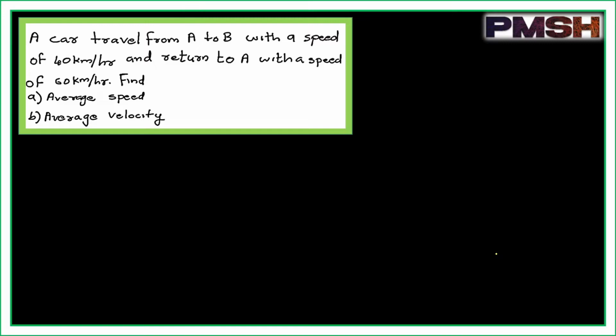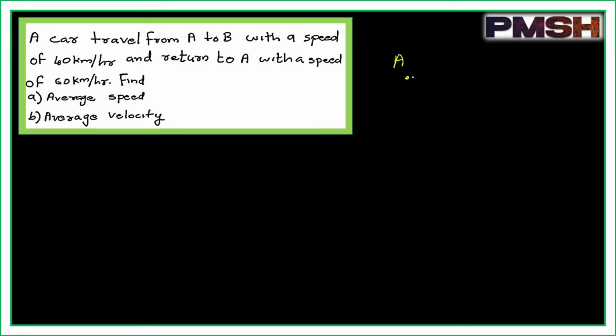Let us see this question. A car travels from A to B with a speed of 40 kilometer per hour and returns to A with a speed of 60 kilometer per hour. You have to find the average speed and the average velocity.